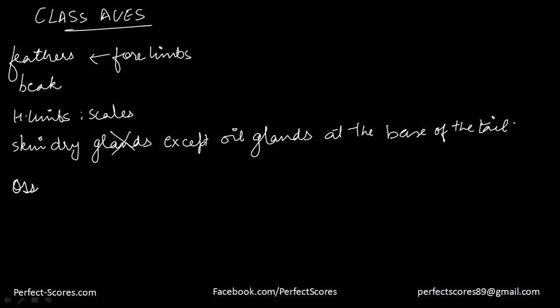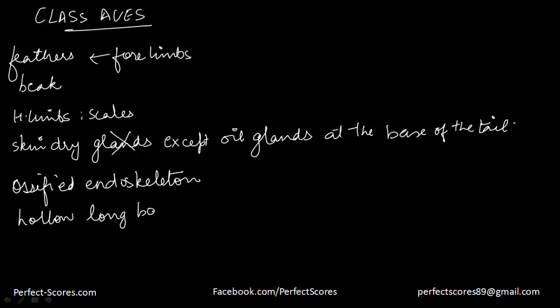So we can say an ossified endoskeleton is present. And the long bones are hollow, that help them to fly better, and their weight is less. So hollow, long bones are there with cavities, so we call them pneumatic.